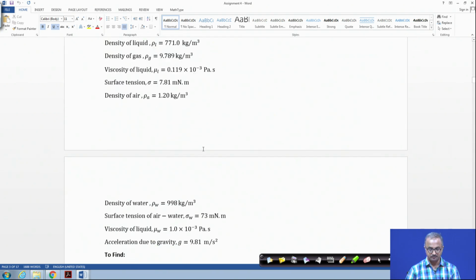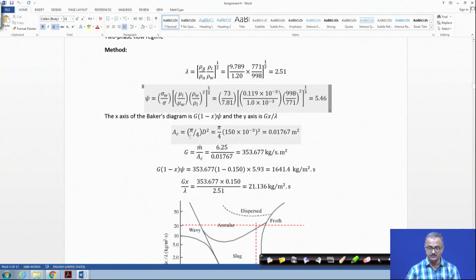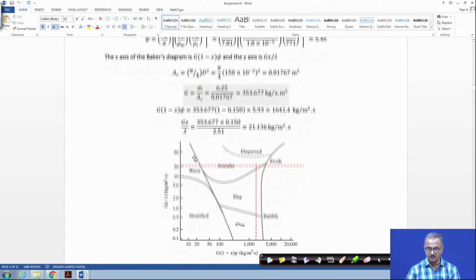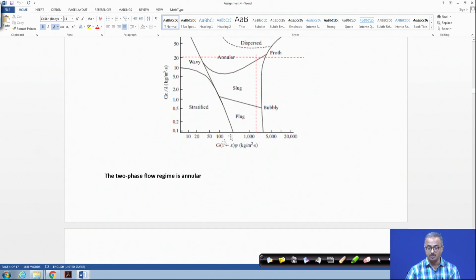And once you have the flow regime, you can use the correlations given in your lectures to find out the pressure drop. With the kind of data you are given, it is coming to annular. What is annular? Annular flow regime means that if you consider a pipeline, the wall of the pipeline will be covered by the liquid, and there will be an inner core through which the gas will pass.